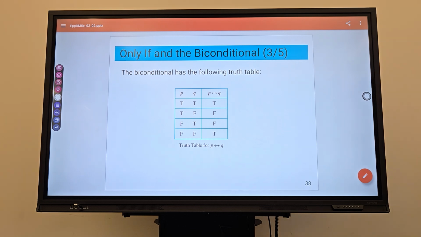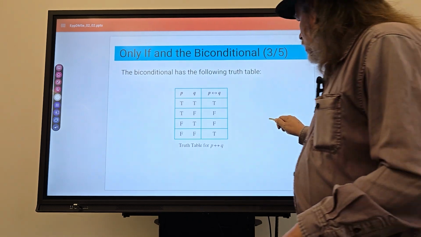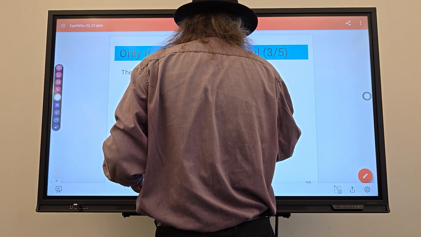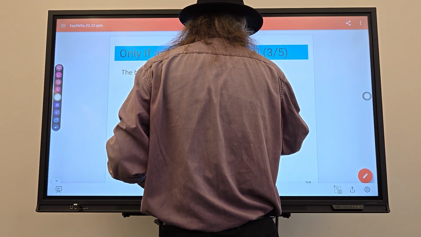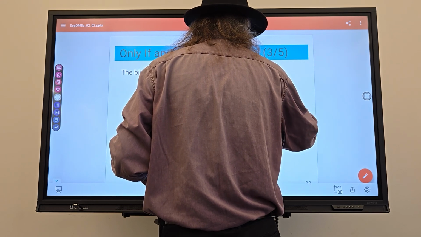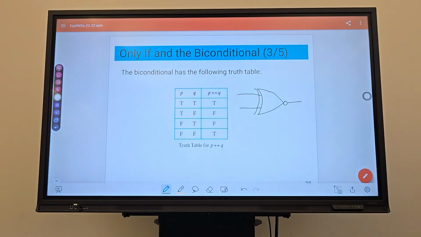For those of you that have taken digital logic, you will still not recognize this symbol. It's an exclusive NOR gate.